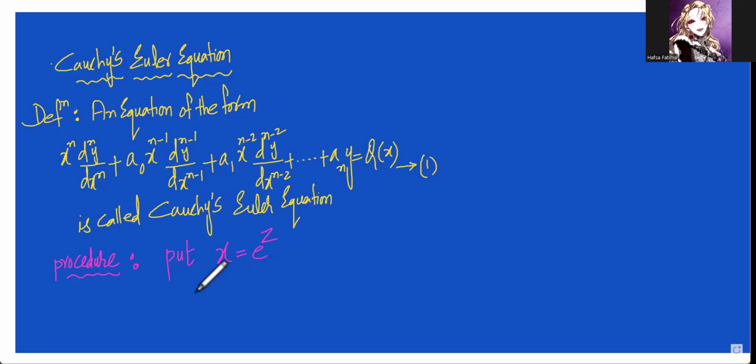Taking log on both sides, log x is equal to log e^z, which becomes z log e. And we know that log e value is 1. So z is equal to log x.